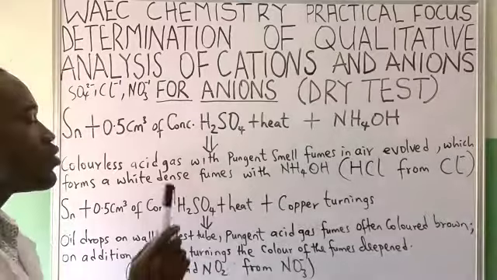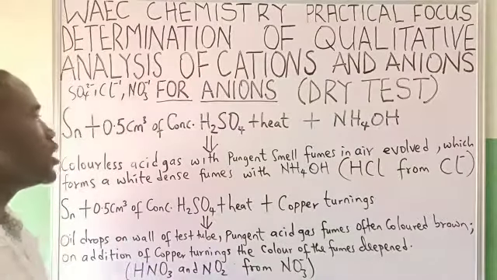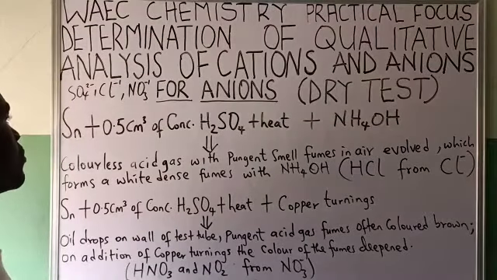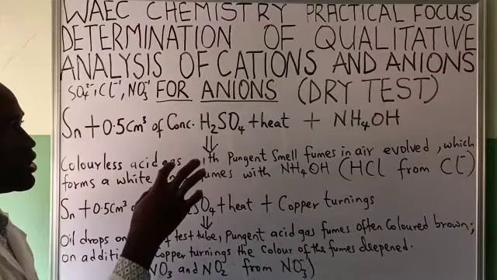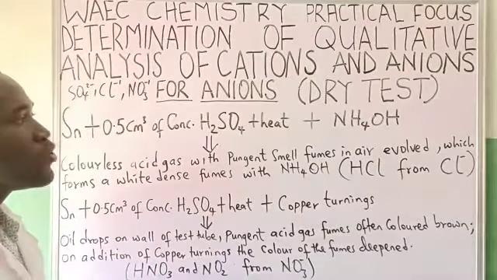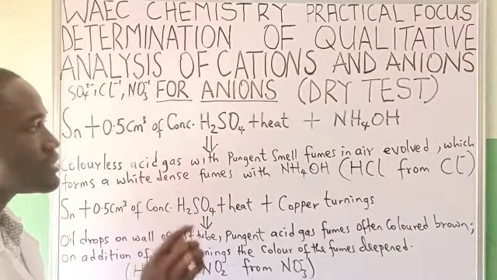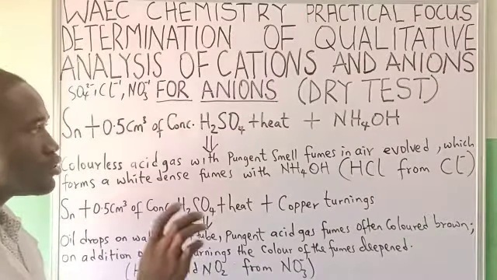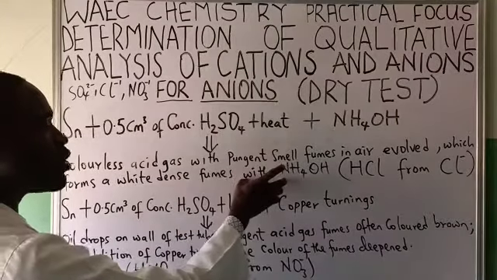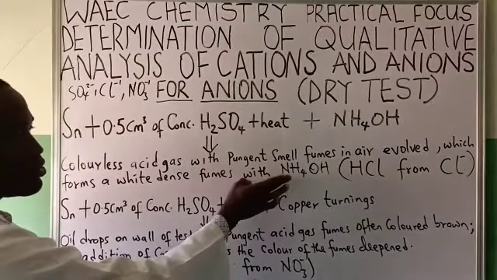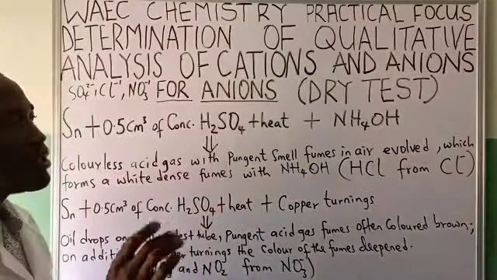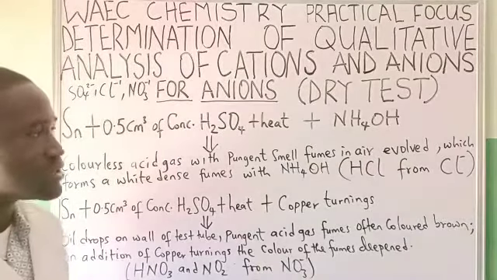But when you talk about chloride and nitrate you use H2SO4. Now as you test it with this acid, HCl or H2SO4, we are checking the presence of gas being evolved or not evolved. If this gas evolves and it meets this criteria or this observation we wrote here, it means that gas is present.